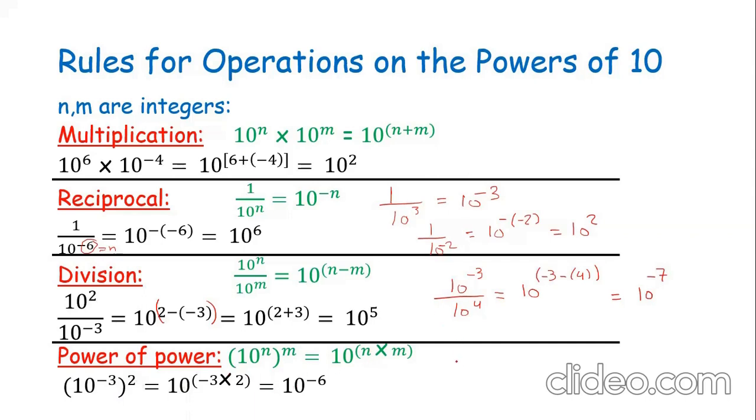We take another example, 10 to the power of minus 2, the whole to the power of 4. This is equal to 10 to the power of minus 2 multiplied by 4.